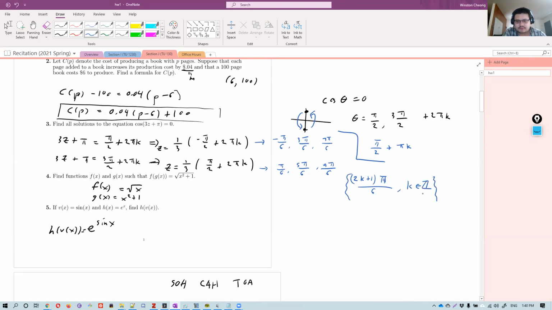And so this would be your solution. I hope you recognize that this expression is just saying that you have an odd number here. This is the mathematical way of writing an odd number. Everyone happy with that?